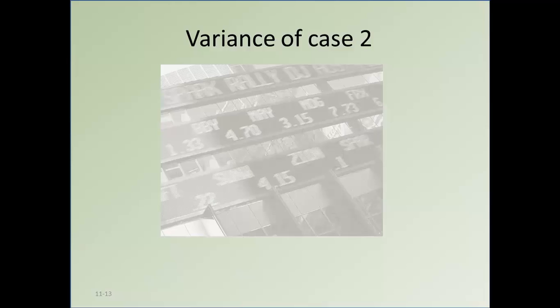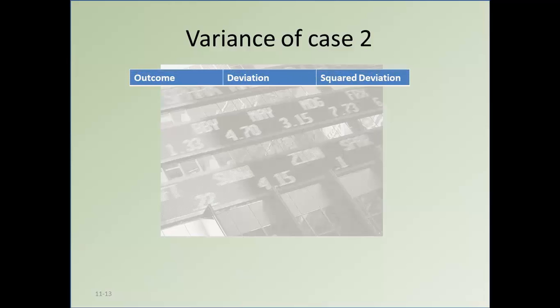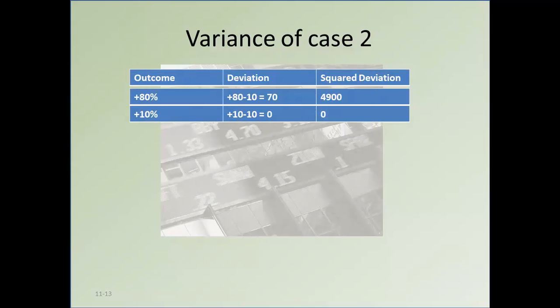Now let's look at the variance of the second case. Here, the first outcome was 80%. Its deviation from the expected value is 80 minus 10, which is 70. The squared deviation is square of 70, which is 4900. The second outcome is 10%. The deviation of 10 from itself is 0, and the squared deviation is 0 too. The third outcome is minus 60. The deviation of minus 60 from 10 is minus 70.